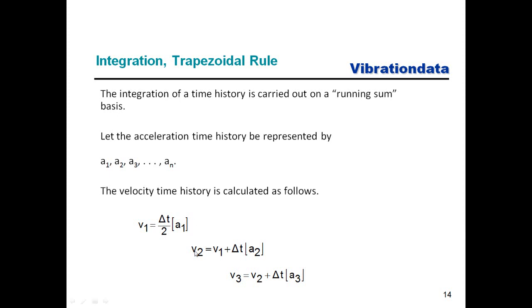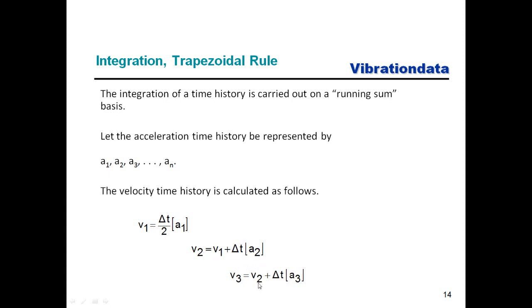Now to get the second velocity point, it's equal to the first velocity plus delta t times the second acceleration. So you can see here, this is a running sum. So the velocity at any point in time depends on the previous velocity, as well as this acceleration term here.